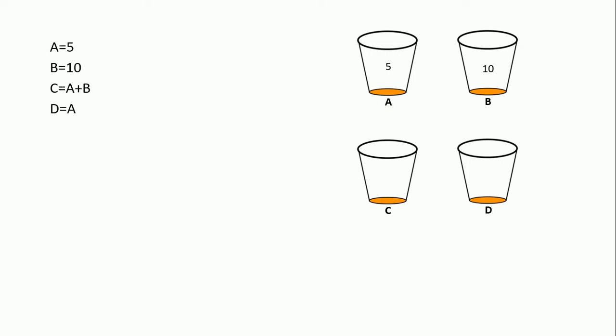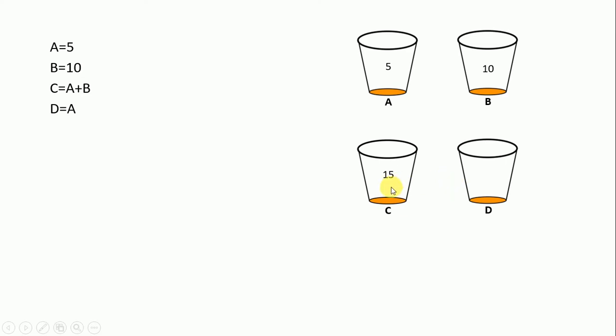So we add the two numbers and we get 15. We put that 15 inside C. That's basically what the third line is saying. And because a program will execute statements from top to bottom, before we get to this third line, we would have done the first two, right?